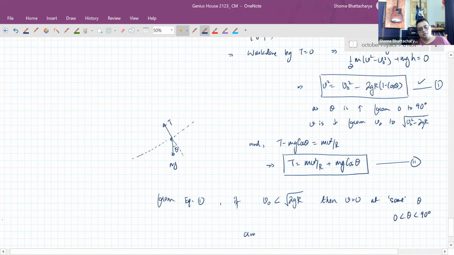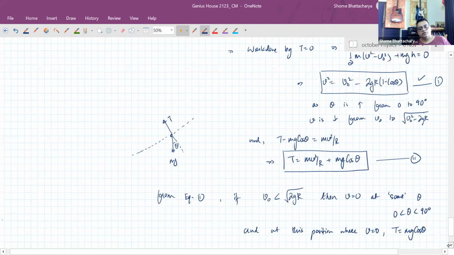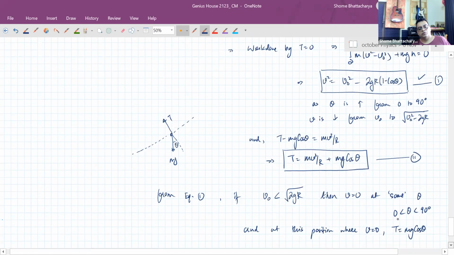And at this position where v is equal to 0, tension becomes mg cos theta. That's what we're getting from equation 2.